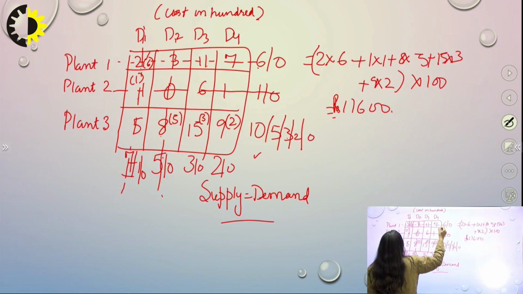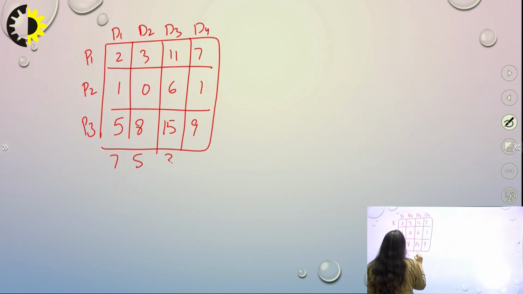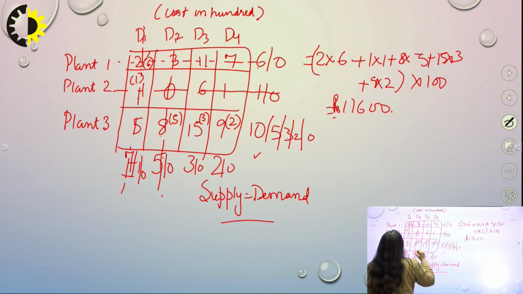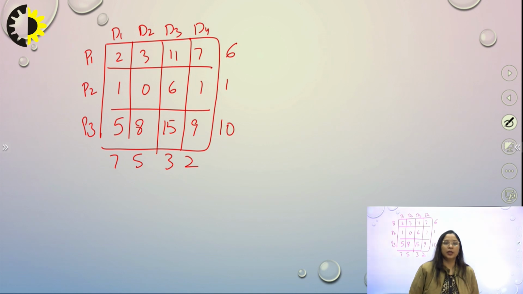Demand is 7, 5, 3, 2, and supply is 6, 1, 10. Okay. So now I will tell you the second method, the hit and trial method, which is used for finding out the solution for the transportation model. That is row minima method.